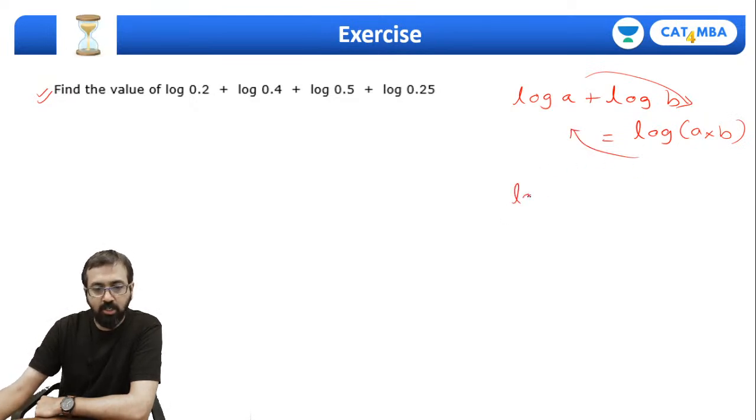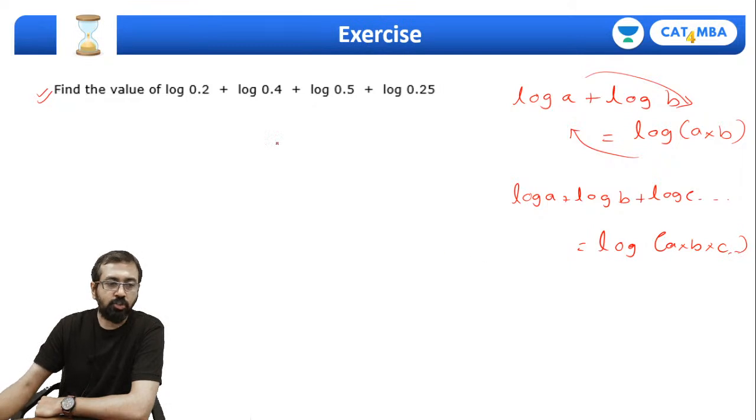Same way, log of A plus log of B plus log of C and so on will be equal to log of A into B into C and so on, right? So we can apply this rule over here.